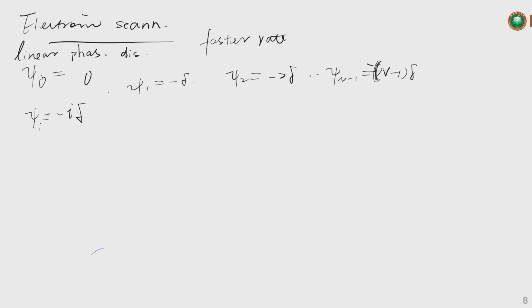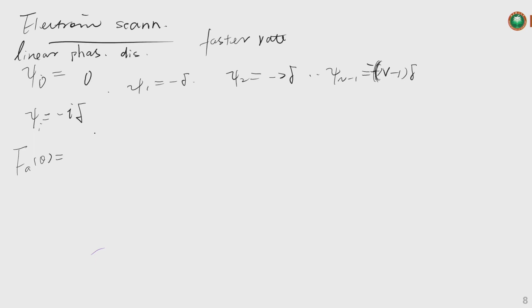So then what we should do? We need to come back to the original expression for the array factor, right?